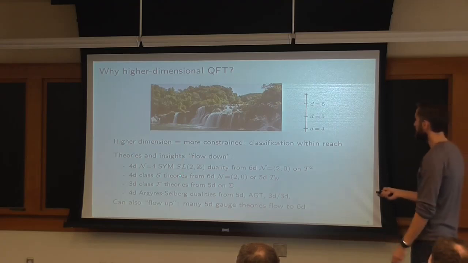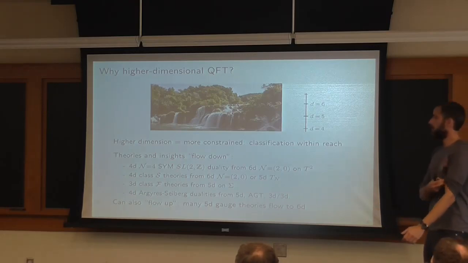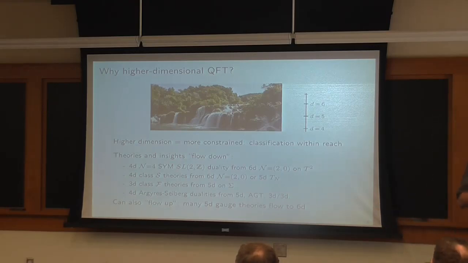For example, our poster child theory, the N=4 super Yang-Mills, has an S-duality symmetry, which appears somewhat miraculous if you look at it from a 4-dimensional perspective. But if you realize the theory by compactifying a 6D theory on the torus, then this S-duality is precisely the large diffeos on the torus.